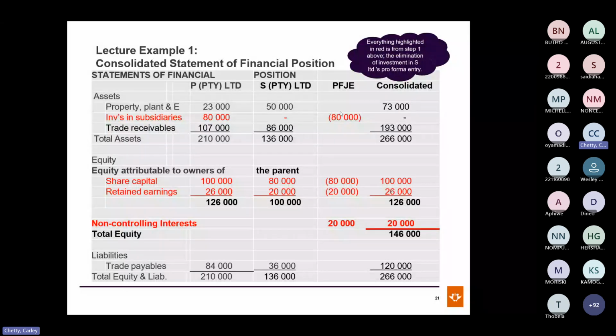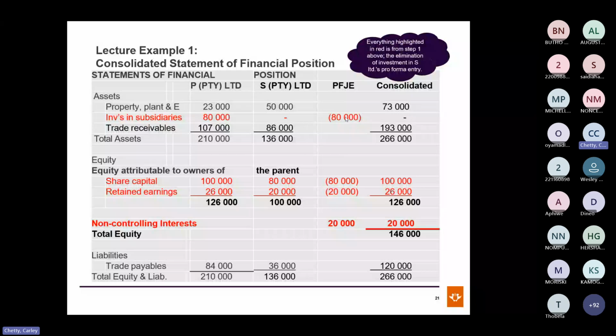By processing the pro forma journal entries, we are eliminating that 80,000, and that will give us a consolidated figure of 0 for the investment in the subsidiary. So we are eliminating it by processing the pro forma journal entry. Okay, so we're not showing it as a negative. We're simply showing the pro forma journal entry, which is an elimination. Okay, but thank you for asking.